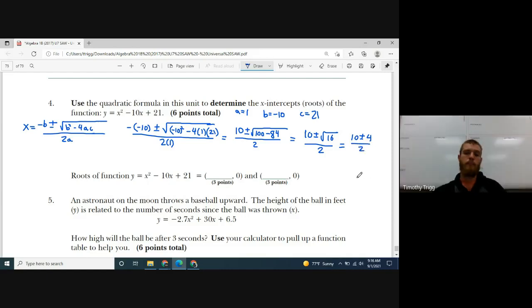Now here's where I split it into two different answers. There's 10 plus 4 over 2, and there's 10 minus 4 over 2. The plus or minus splits into two different answers.